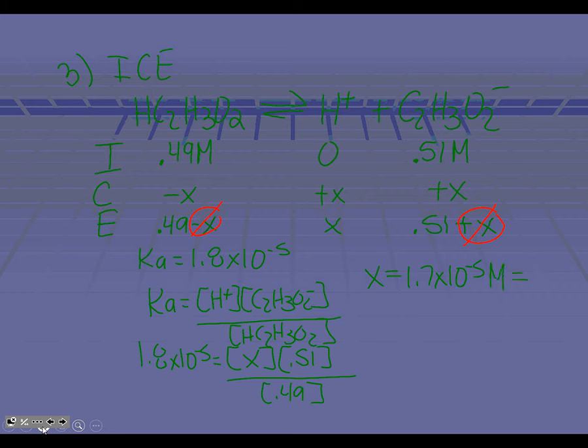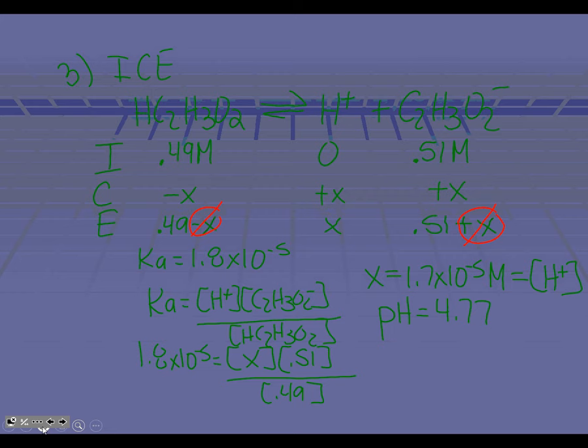And remember, we always mark what is our X. And our X is our hydrogen. Because that's our hydrogen, we can take the negative log of that, and the pH is 4.77.